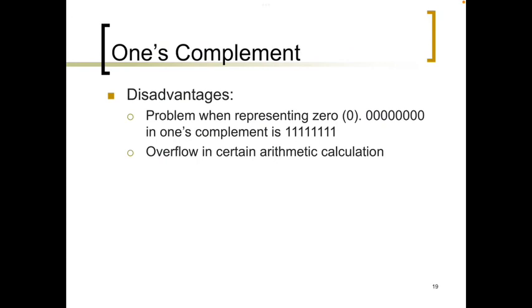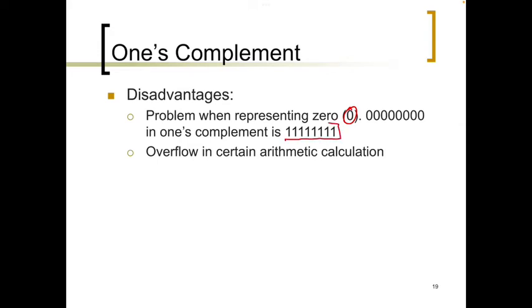Okay, as we have in sign magnitude, one's complement also has its own disadvantages. What are the disadvantages? We have a problem representing 0. Why? When it is 0, we need to do the 1's complement, 1 1 1 1.